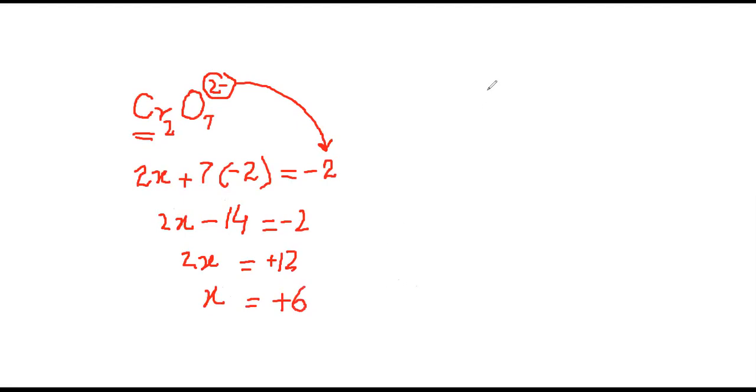Let's have another example. What is the oxidation number of manganese in the MnO4 minus 1 ion? Mn we don't know, X. Oxygen, minus 2, multiplied by 4 because there are 4 atoms of oxygen, is equal to minus 1.